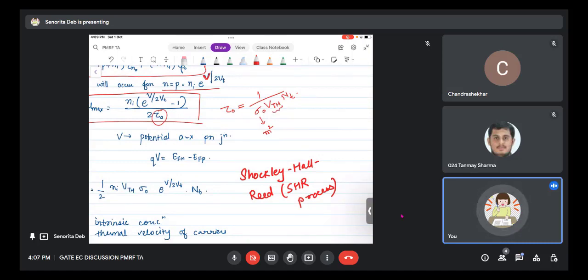Vth is the thermal velocity of the carrier, which is meter per second, and Nt is the density of states, which is normally 1 upon meter cube, or centimeter cube. You see that all these units will cancel out, and what you get is 1 upon 1 by second, which is second. So that's why this makes sense. The recombination time can be given by this formula.